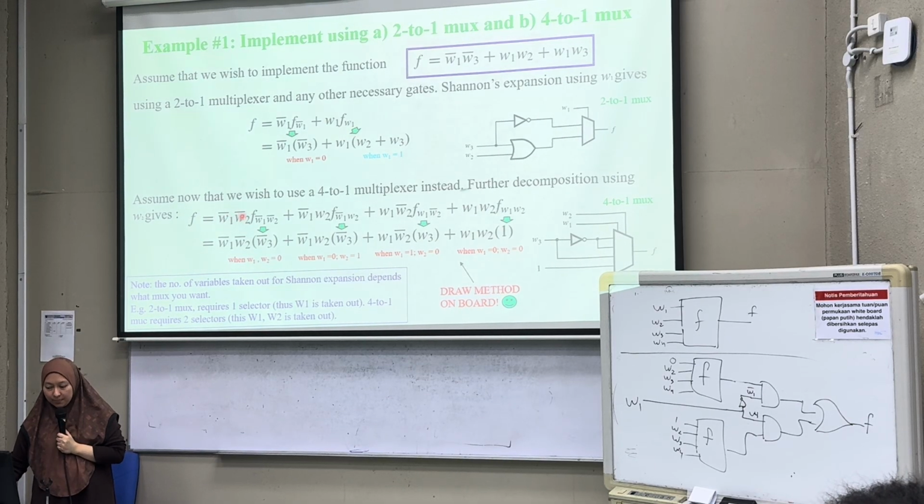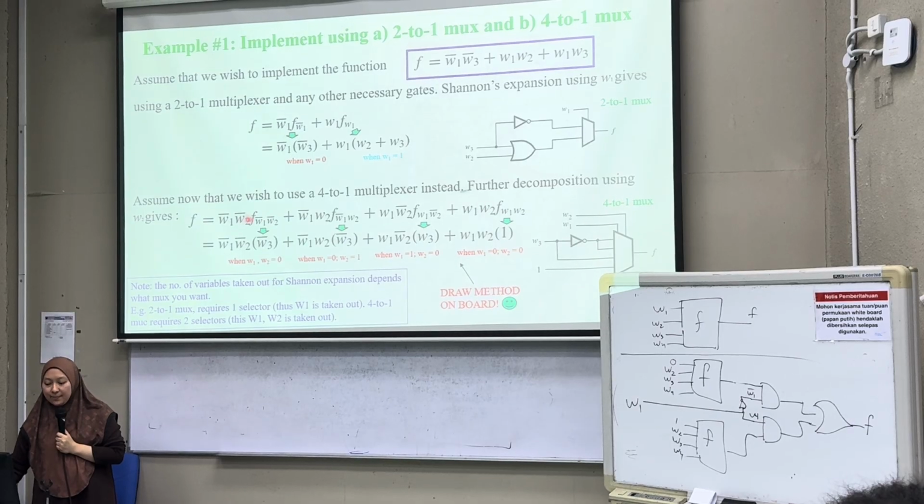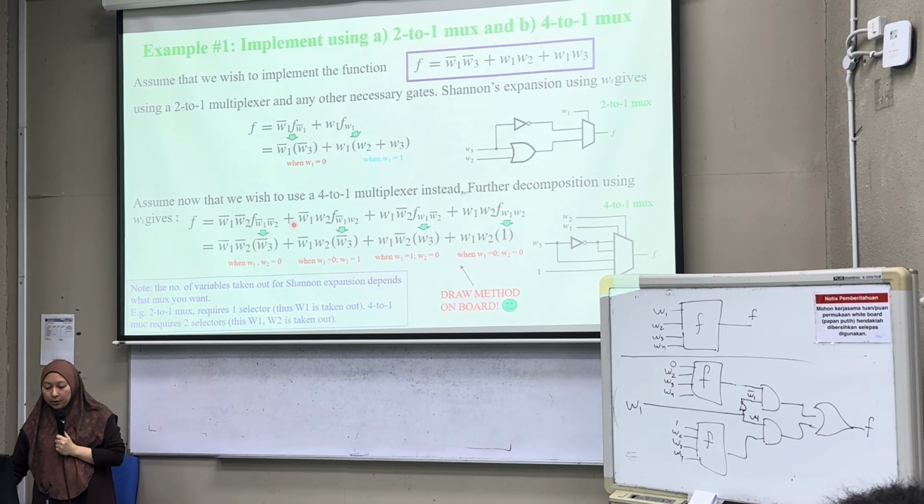So you've got the cofactor when both are barred, the cofactor when only one of the select lines is barred, and again when one of the select lines is barred, and here when both are not barred.